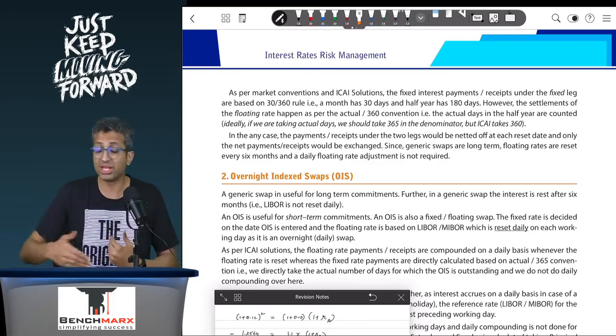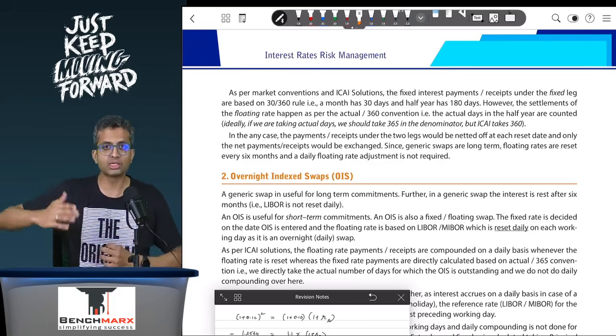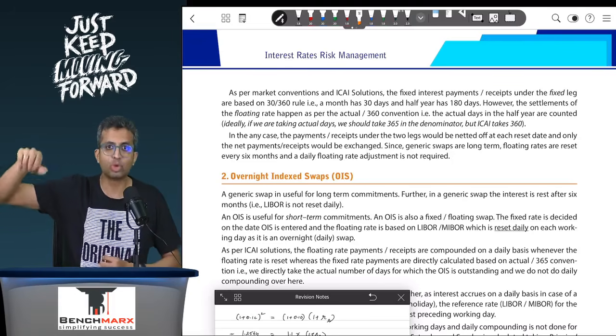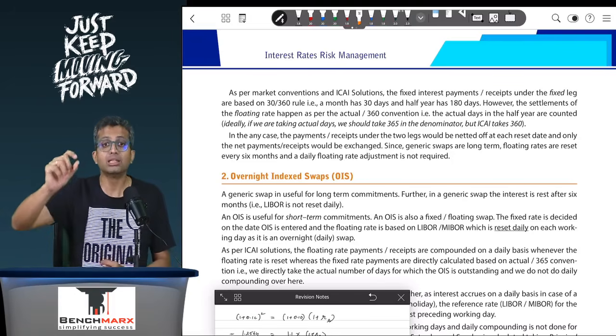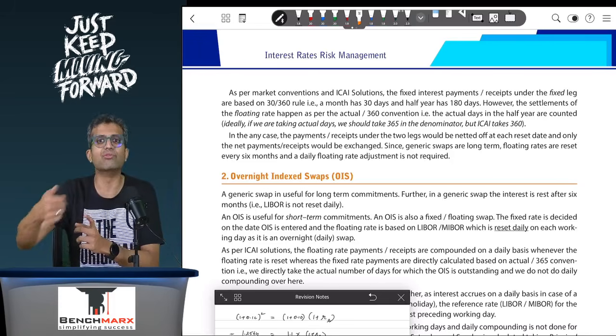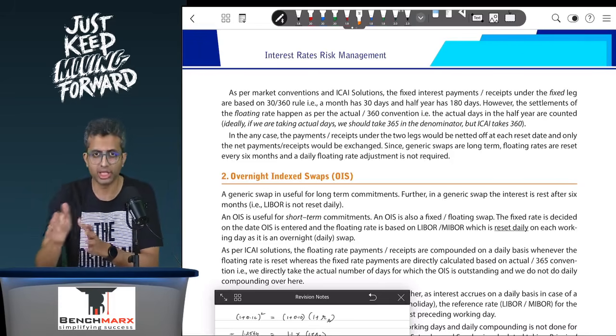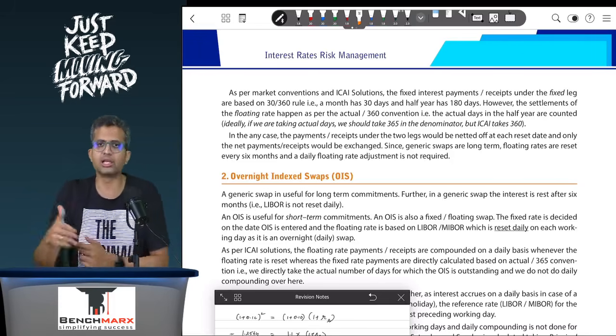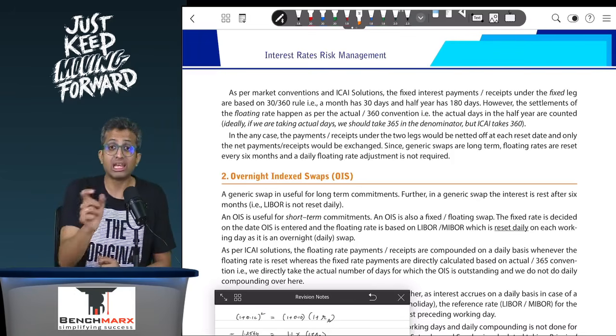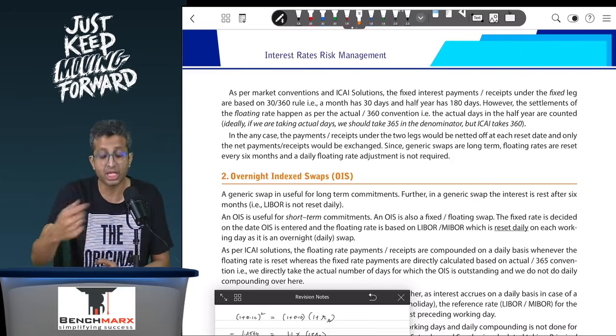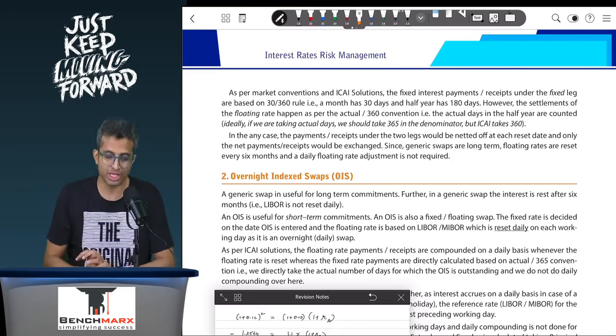If the swap is for 7 days, it does not make sense resetting the LIBOR after every 6 months. So in case of an OIS or an overnight index swap, the LIBOR rate gets reset every day, rather every working day. If there is a non-working day, let us say Sunday for example, then the rate prevailing on the previous day, let us say Saturday, will be taken for 2 days while calculating the interest payment on the floating rate. Are we clear with this?